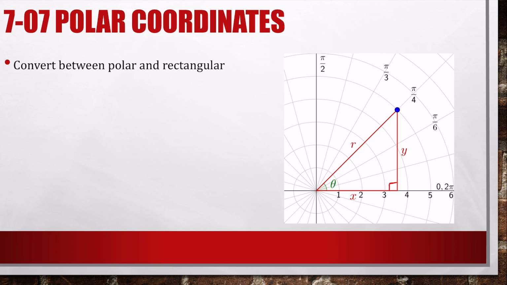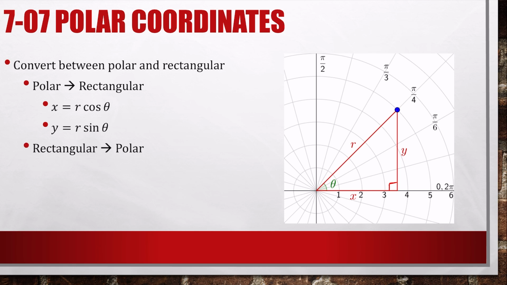X would be the adjacent side of the triangle, and r is the hypotenuse, which means we can use cosine. X would equal r cosine theta. Likewise, y would be r sine theta. However, if we know the x and the y, to find r, just use the Pythagorean theorem, and the angle can be found using tangent.